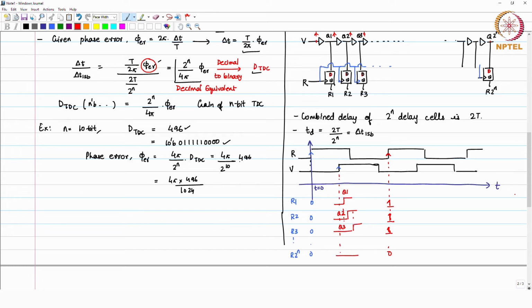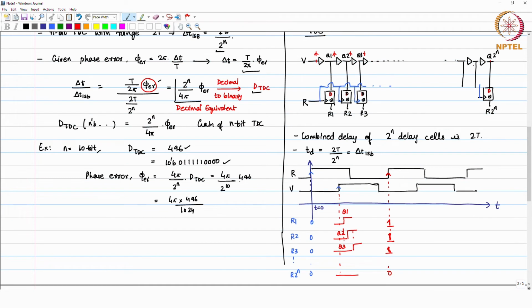Okay. So, the number of flip flops which will register value 1 at the next rising edge, it will be easy for you to understand like this. If this whole delay is 2 times T, depending on how you choose, you can also choose a different range of T. This is just one example.